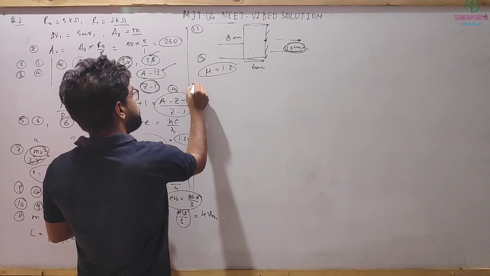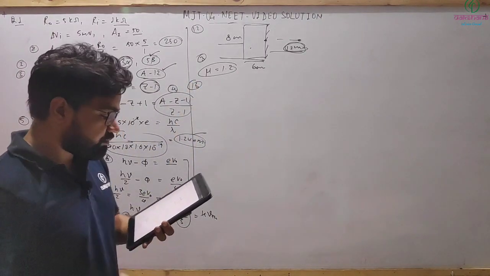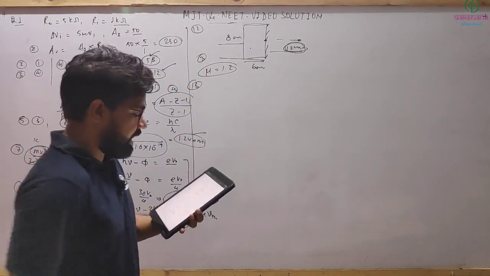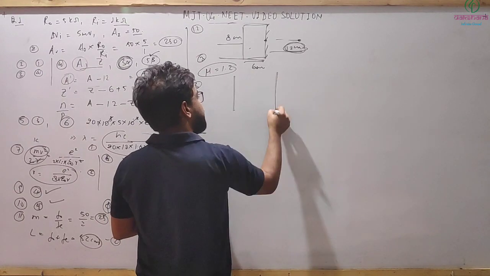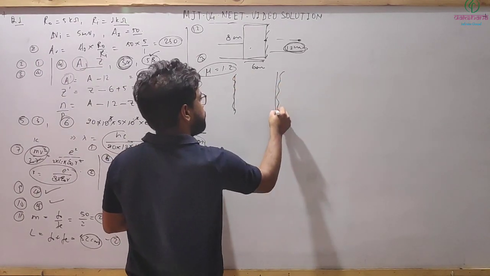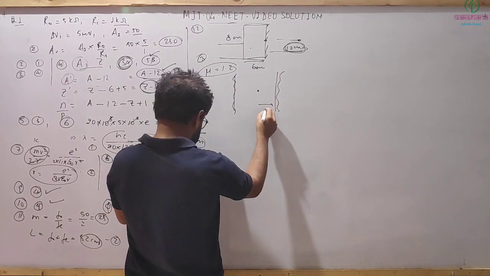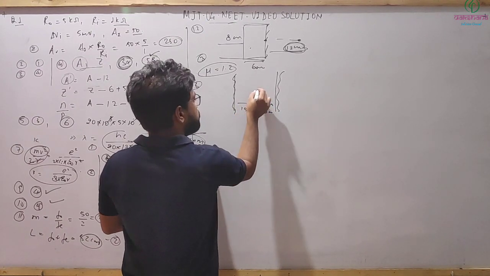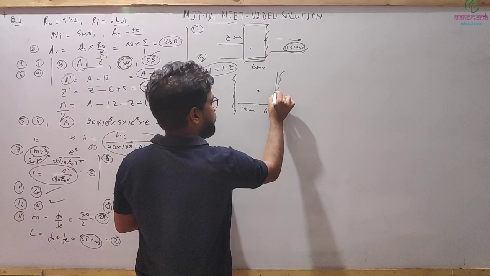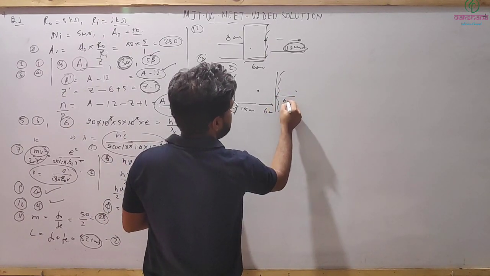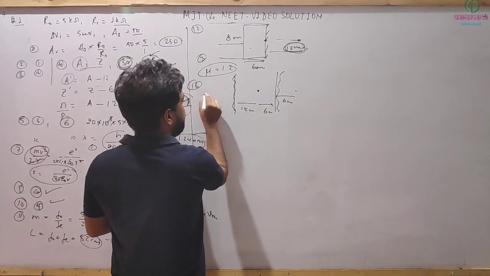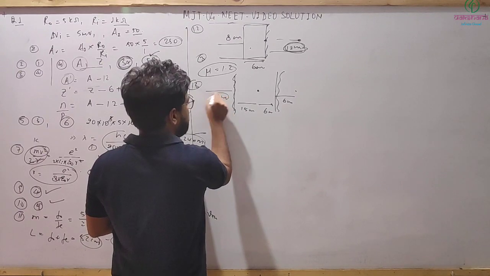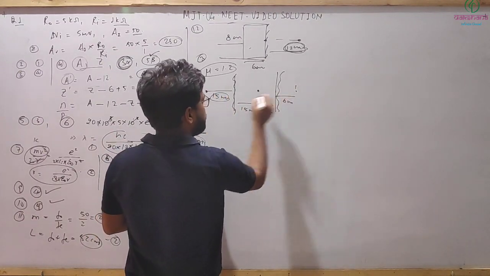Next question number 13. Position of fourth image of the mirror M1. Here you need to check it. So this is mirror 1, placed here at 6 centimeter. This is 15 centimeter. So the first image due to this will be here at 6 centimeter. This will form an image here at 15 centimeter. Now let's say this is 1, this is 2.